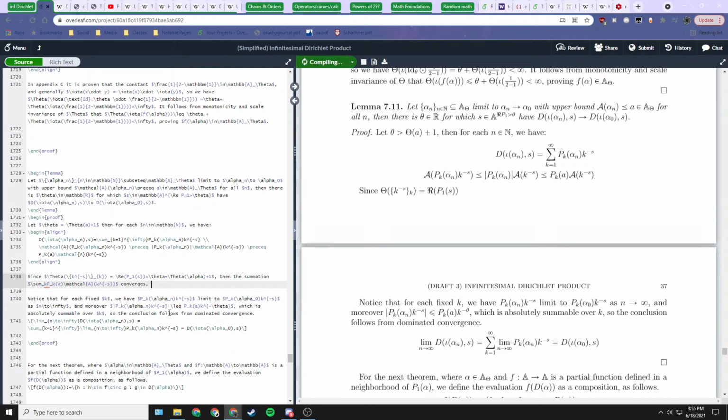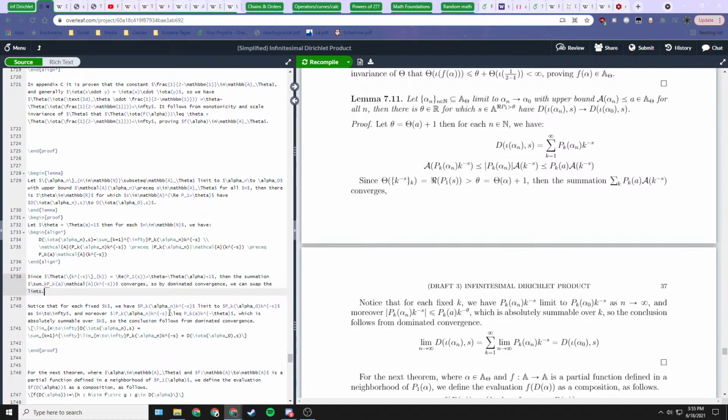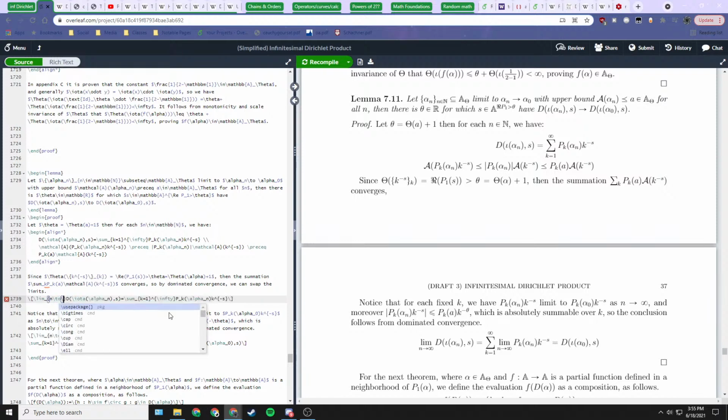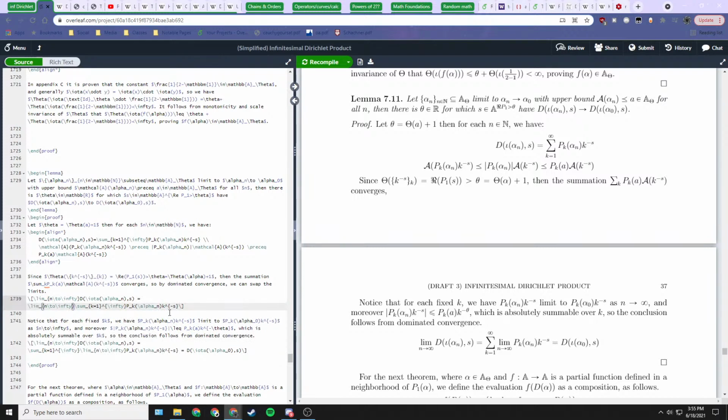So the theta value of k power minus s is the real part of p1 s, which is greater than theta, which is theta plus 1, then the summation converges, so by dominated convergence we can swap the limits, and that just gives us the limit as n goes to infinity of this is equal to the same limit as n goes to infinity here, and then we can swap these limits.